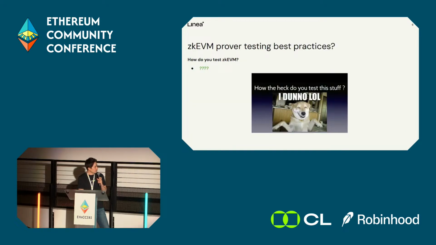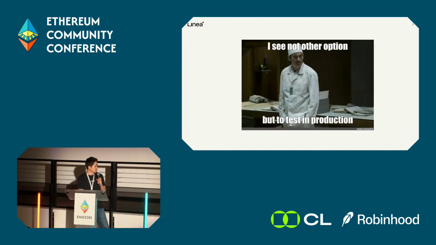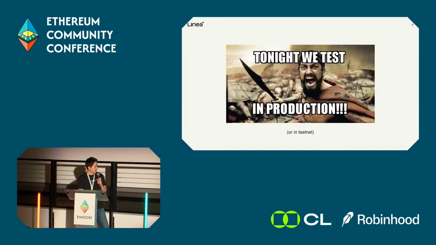So what are some best practices? How the heck do you test this stuff? We really don't know. Maybe some projects don't find any other options and just test in production. This actually happens, I'm pretty sure. Many projects just say, tonight we test in production.